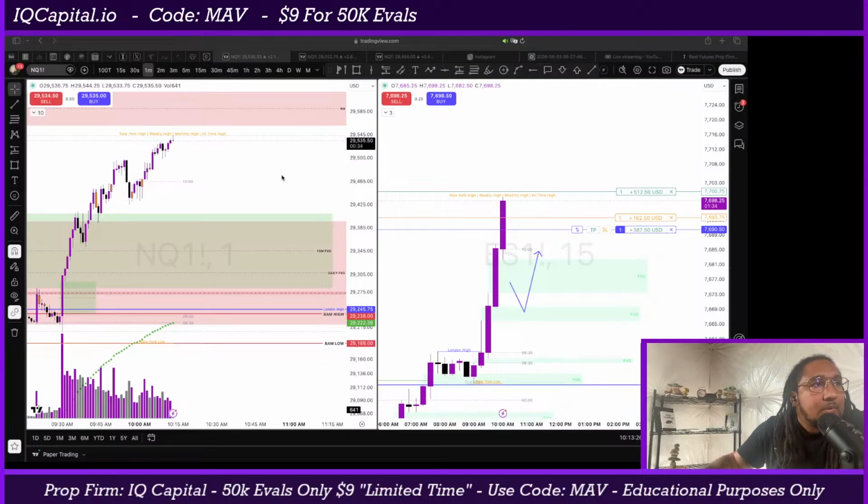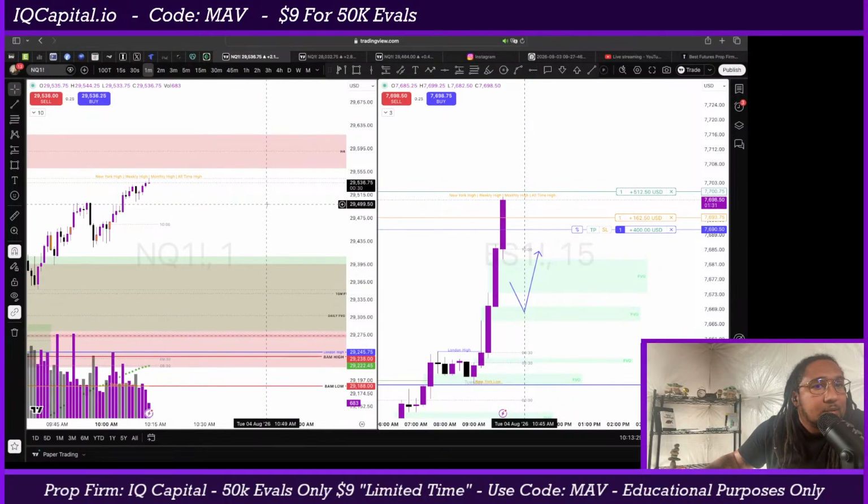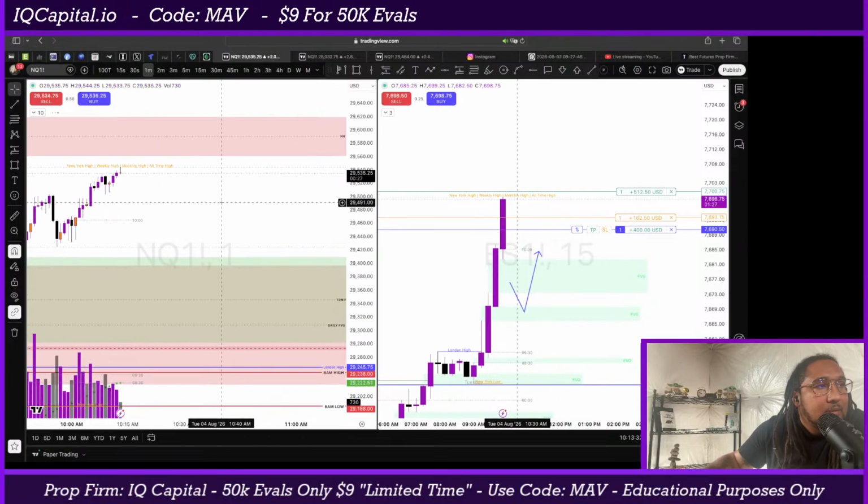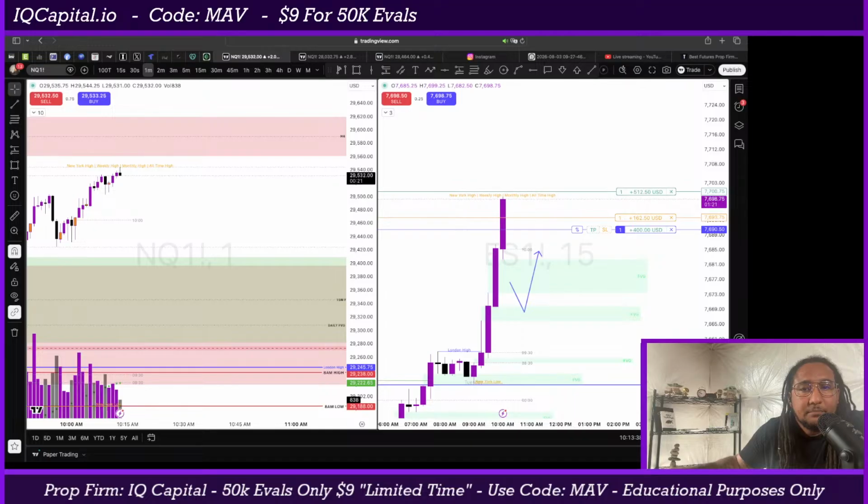Yeah, it's looking like it almost wants to get there, then it pulls back. It almost wants to get there, then it pulls back. So we're gonna get there.